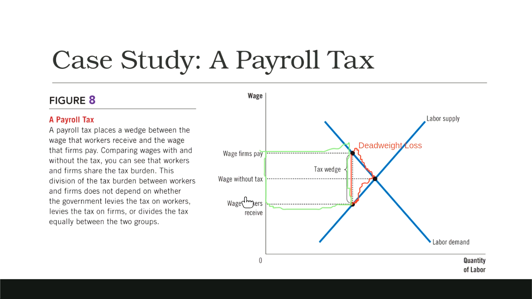And basically this total tax revenue is the number of employees hired times the value of the tax, and that tells us how much tax revenue the government generates from this. For now, this is much more of a precursor to something we're going to talk about in a future chapter. But for now, I just want you to be thinking about this, like, wow, they're paying more, they're paying less, so some jobs should be going away.